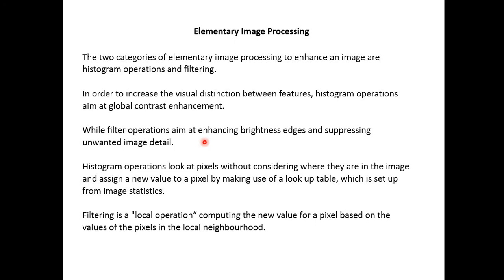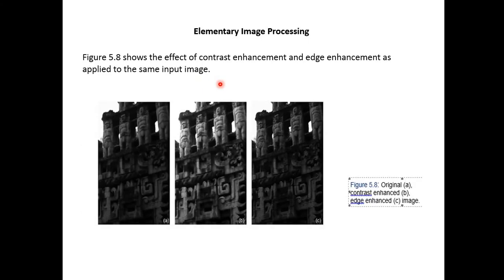So what we want, we can get using filter operations. Histogram operations look at pixels without considering where they are in the image and assign a new value to the pixel using a lookup table, and their brightness or contrast is increased in this way.